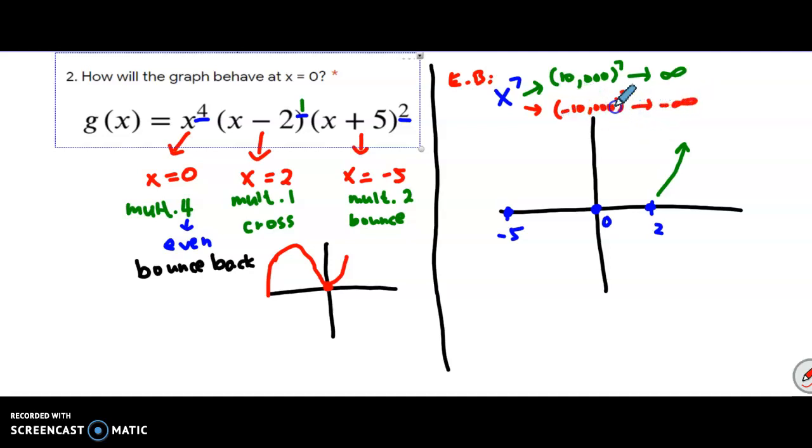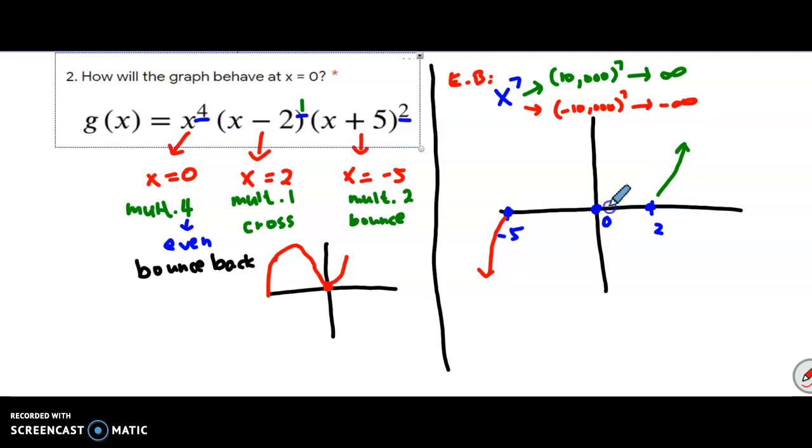So a negative number to an odd exponent is going to approach negative infinity, which means to the left of -5, it's going to go downward. So this is our end behavior. On the left side, it's going to go to negative infinity, it's going to go down. On the right-hand side, it's going to go up.